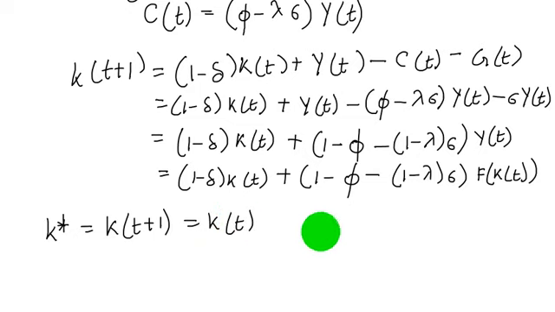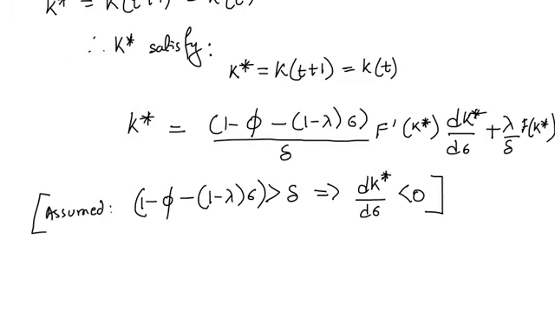Therefore, k star satisfies the steady state conditions of k t plus 1 equals kt.